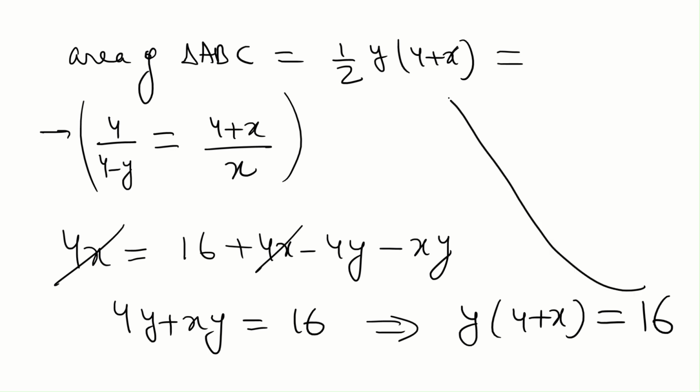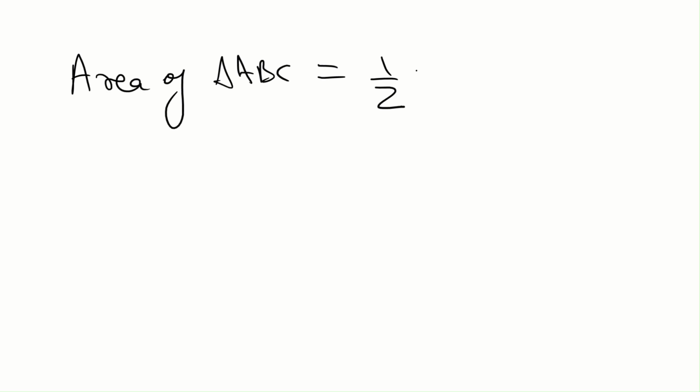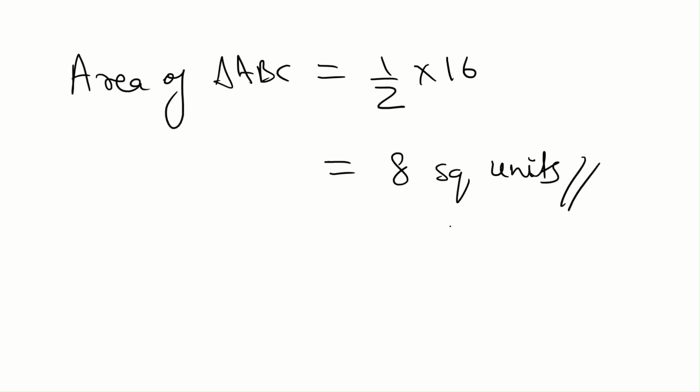And we can substitute this value here to find out the area of triangle ABC. So again, the area of triangle ABC equals half of y multiplied by (4 plus x). y multiplied by (4 plus x) is coming out to be 16 units. So this is half of 16 units, that is 8 square units, as we calculated in the first method also.